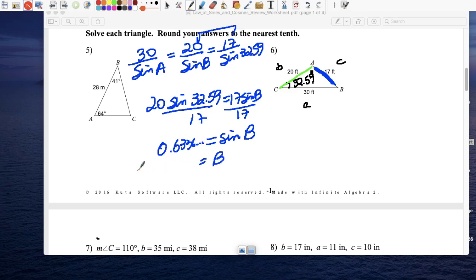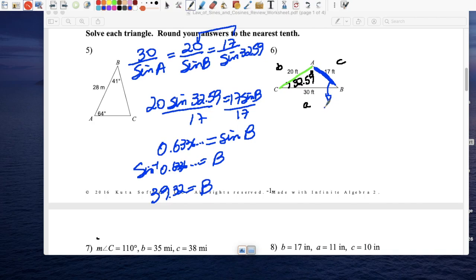B is going to be the inverse sine of that, enter. And we get that the angle here is 39.32 degrees. So angle B is 39.32 degrees.